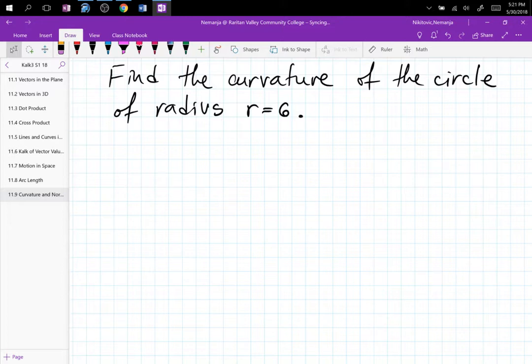I'll give you the curvature formula on the board as well, so you have the formula, and then you can do the parametrization and stuff. You're looking to get a number at the end, like 7 or whatever you calculate, but you're looking for a number.